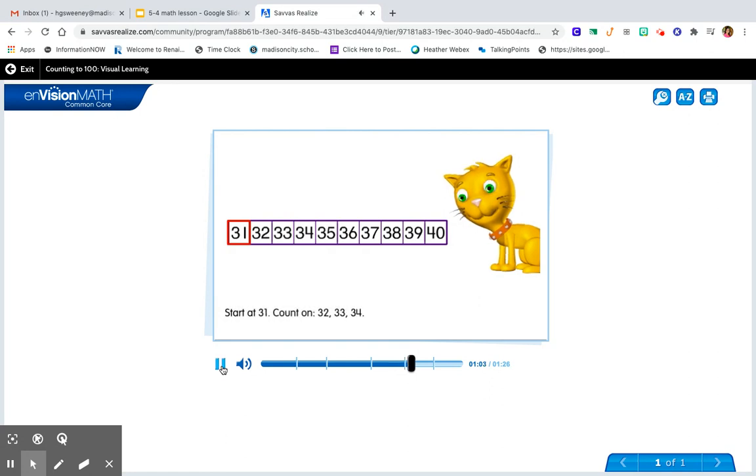Start at 31. Count on 32, 33, 34. Count back from 65. Start at 65. Count back 64, 63, 62.